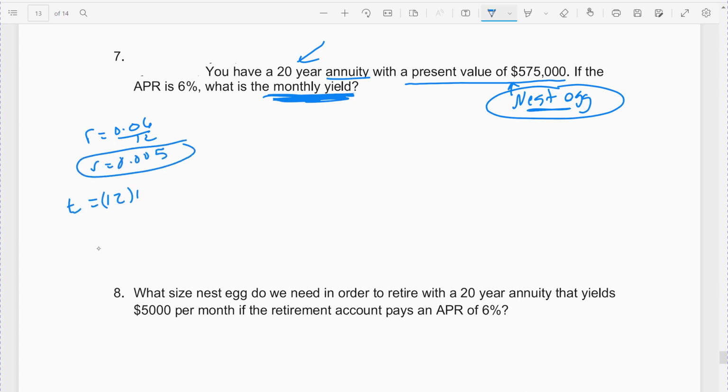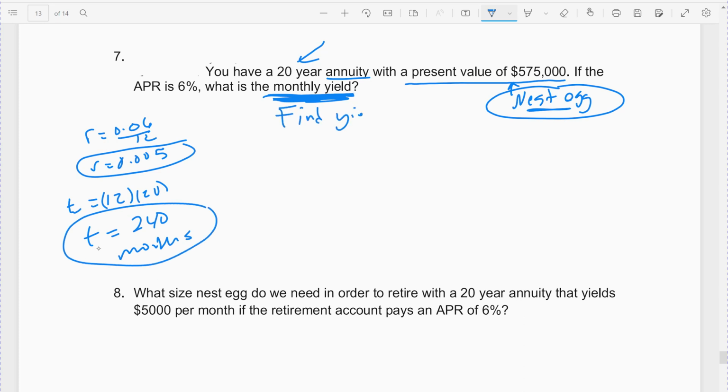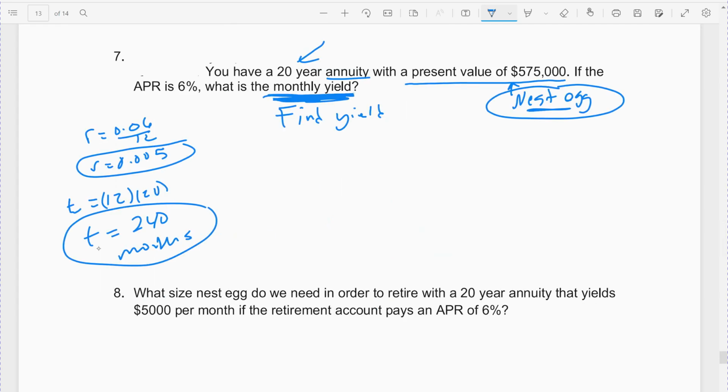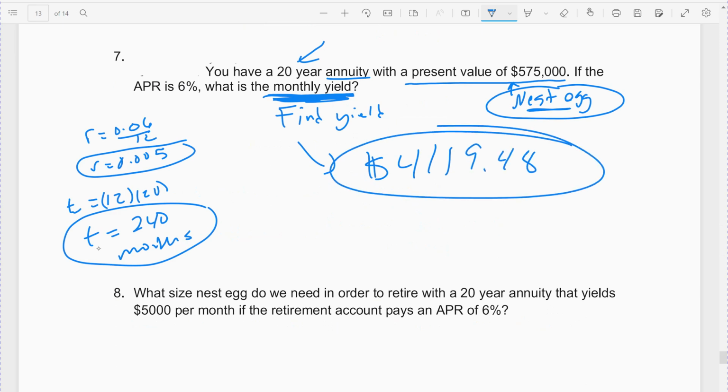T is 12 times 20, which is 240 months, how long we want it to last. And we want to figure out the yield. So we want to use this formula, because we're given the nest egg. You carefully plug it in the formula. The monthly yield, so every month they can pull out $4,109.48 is the answer.